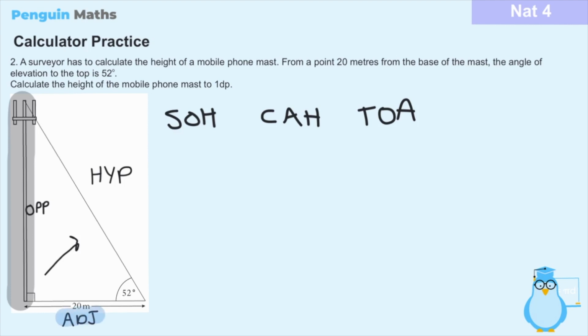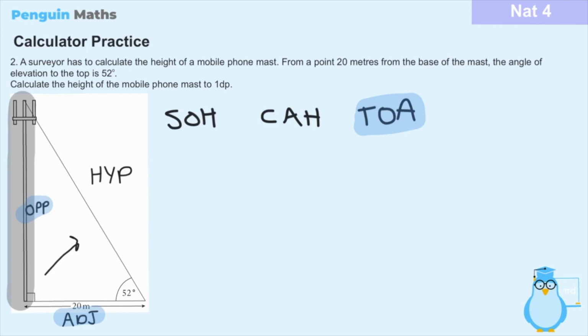We are given the value of the adjacent, which was 20 metres, and we're asked to figure out the height, which in this case is the opposite, and we're not given any information on the hypotenuse, so that's not important to this problem. So we want the O and the A, the opposite and the adjacent, and we know that the last 2 letters within the ratios represent the names of the sides. The TOA relationship contains both the opposite and the adjacent sides, so that is the ratio that we're going to use.